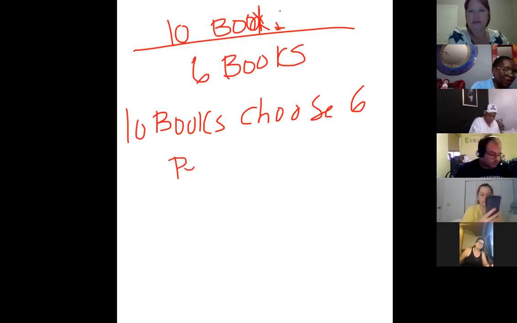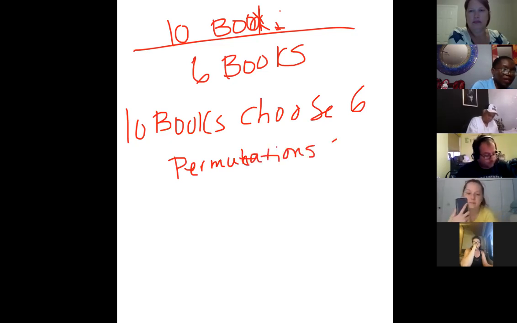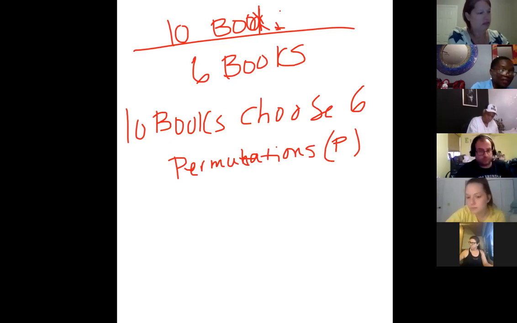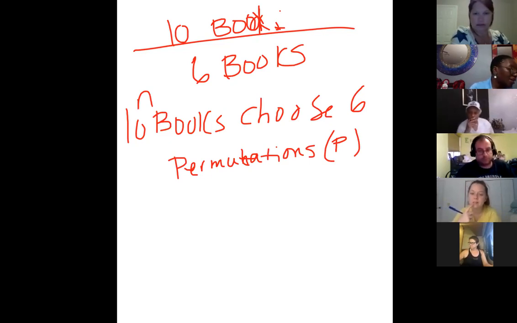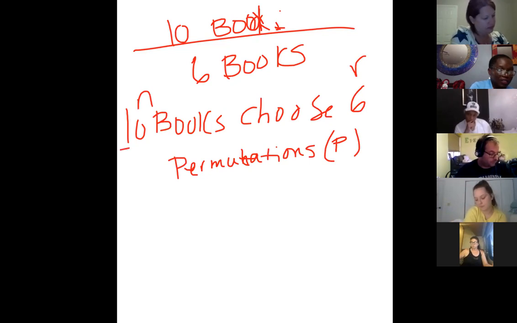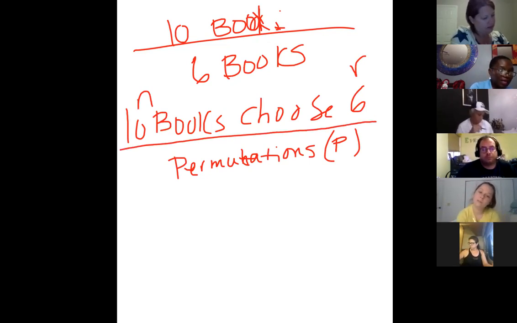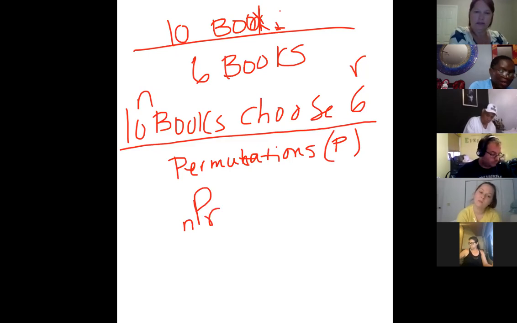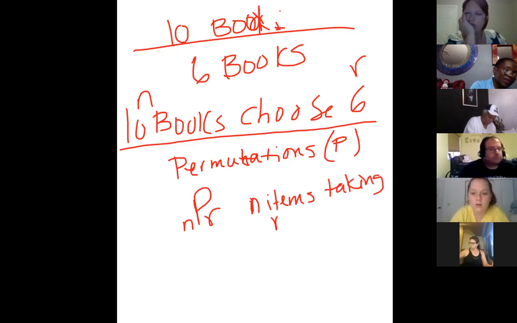The permutations, we're going to refer to as P. The total number of items you have, in this case the 10 books, we're going to refer to as N. And the number of items that you want to choose we're going to refer to as R. So another way to express 10 books choose 6 is N, as a subscript in front of the P, and then the R. This says N items taken R at a time.